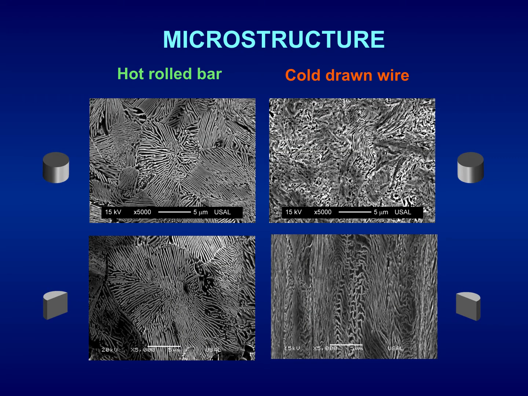The microstructure of the steels: in the left hand side, green color, the hot rolled bar, in the right hand side, orange color, the cold drawn wire.